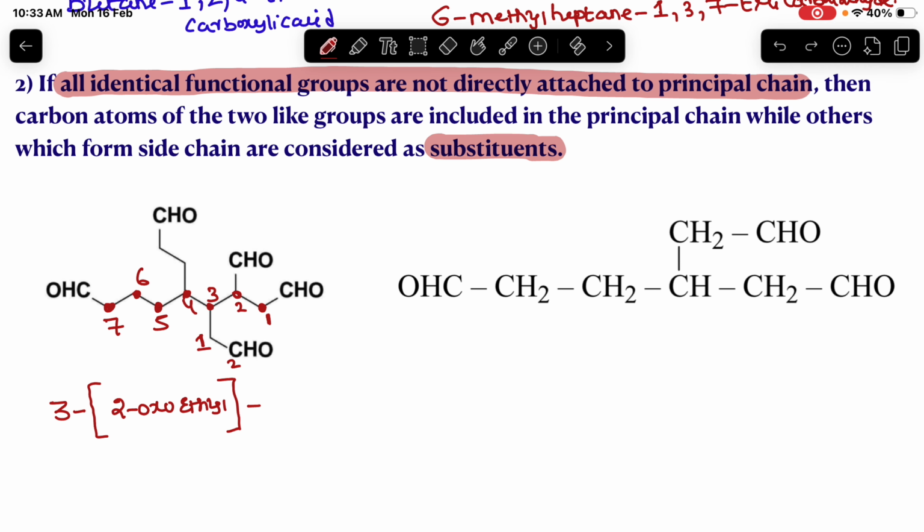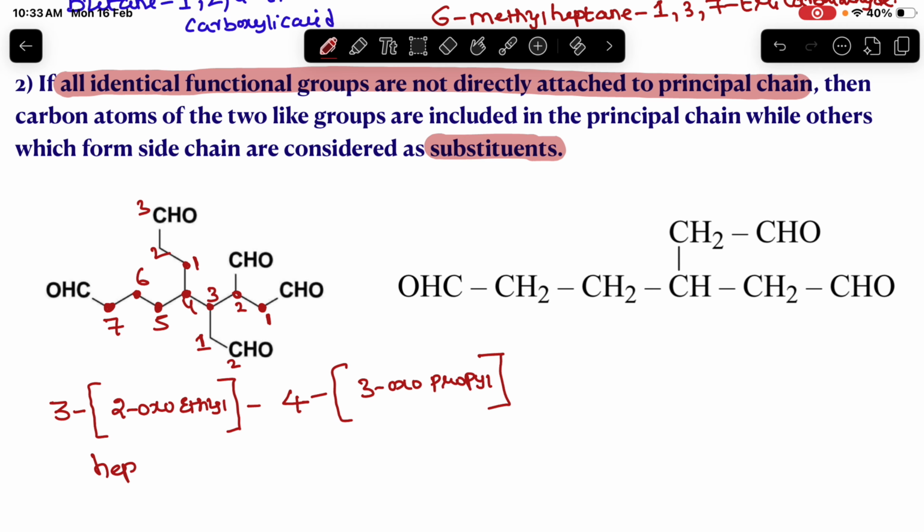To avoid confusion, you see this is the point of attachment, the first carbon, second carbon, third carbon, right? So that is actually located at fourth place. So that is 4, 3-oxopropyl. Both the prefixes are completed.